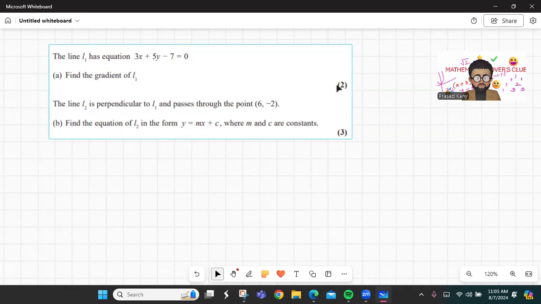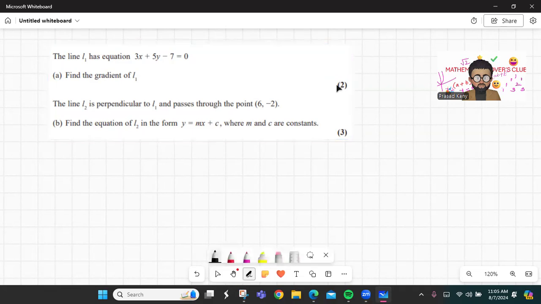Now we have already done the linear equations. So if the equation is in the form y is equal to mx plus c, Vicky, tell me, in this equation, what do m and c represent?